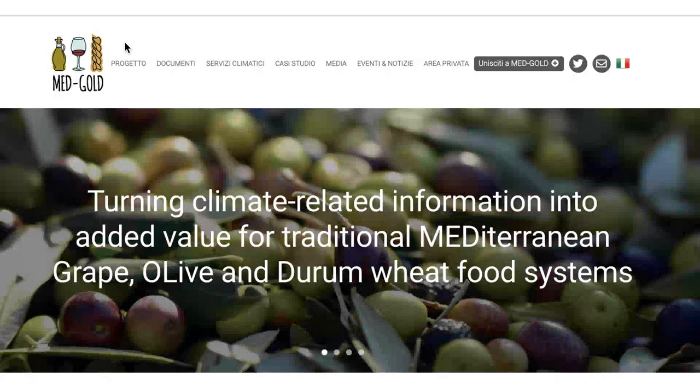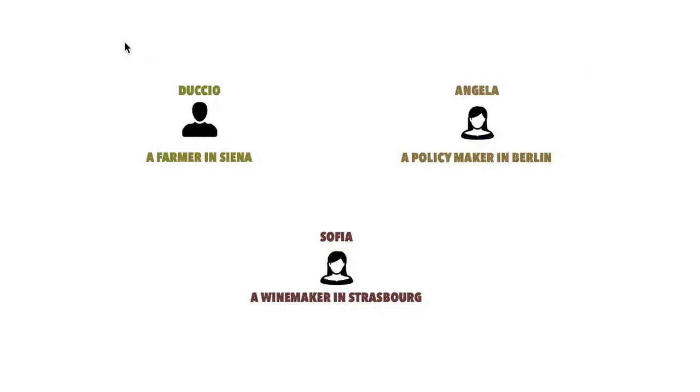Turning climate-related information into added value. Well, the interesting thing with value is that it's a different thing for different people. Let's try to imagine three personas or three typical stakeholders that might be interested in using MedGold's climate service.